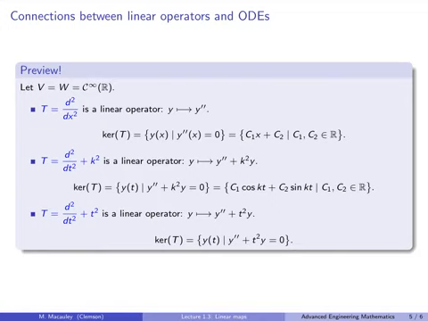Well, this is why it's the rule. Because solutions to linear differential equations arise as kernels of linear operators. Now there's a few technical details that we need to work out in terms of what it means to be homogeneous versus just linear. We will do that in later lectures.